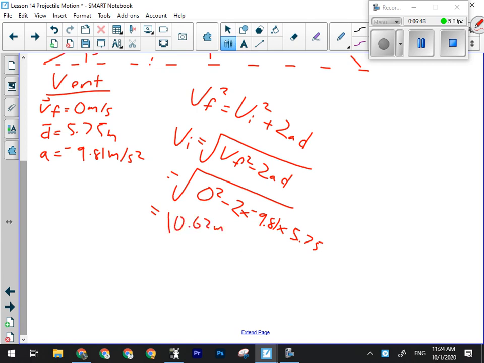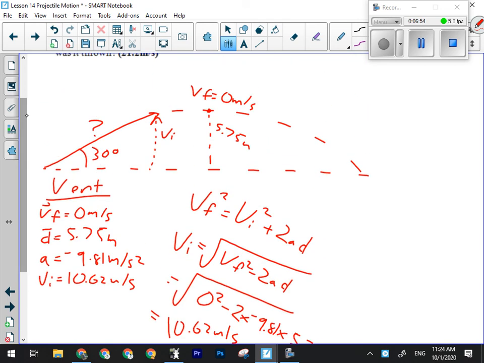Now that I have that, I can go back to my diagram and know that this side here is 10.62 meters per second. Now that I have the opposite side and the angle in the triangle, I can solve for the hypotenuse using trig. I'll have the sine of 30 degrees equals the opposite side, 10.62, over the hypotenuse.